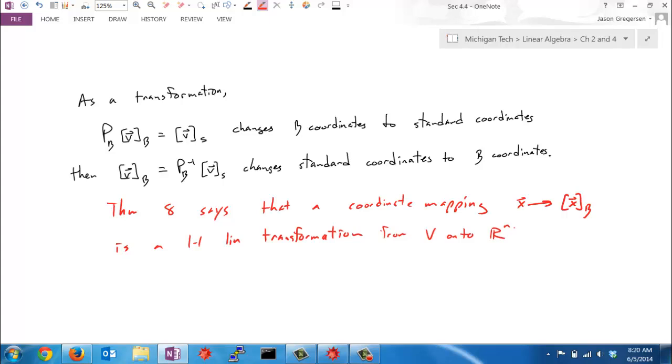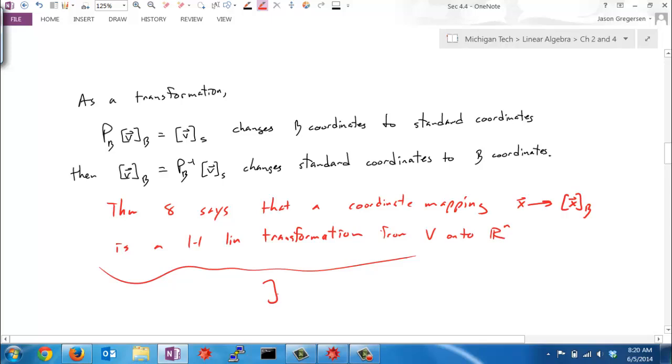It does. If it's linear, one-to-one and onto, then it's invertible. So now we know that there always is that inverse matrix. The theorem is really telling us that there does exist the inverse matrix. Okay, any questions about that?